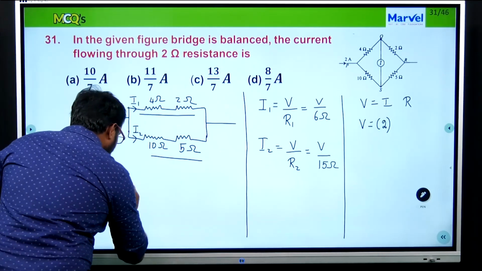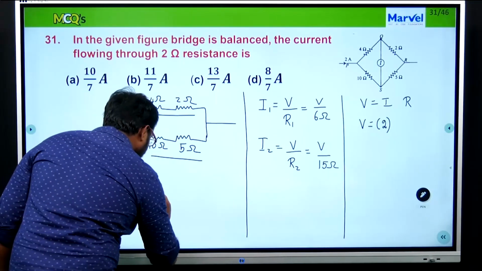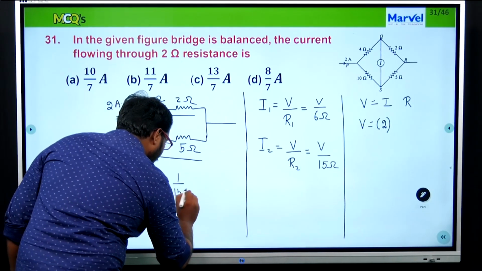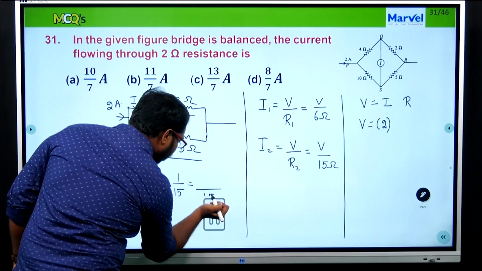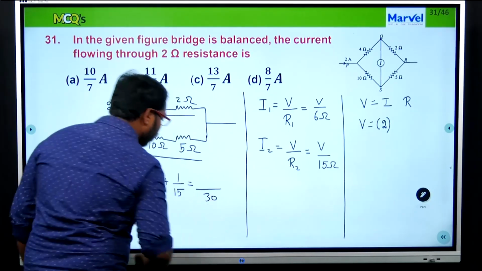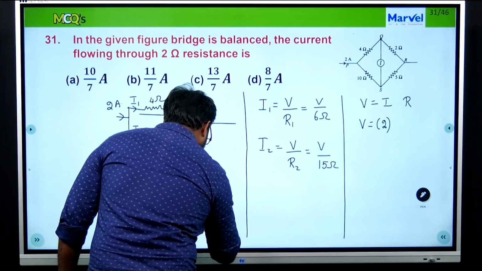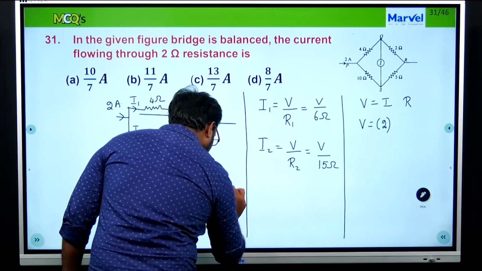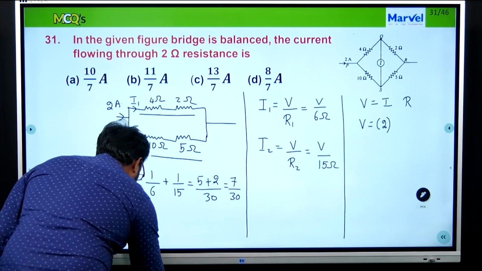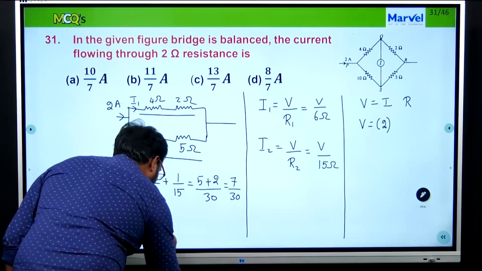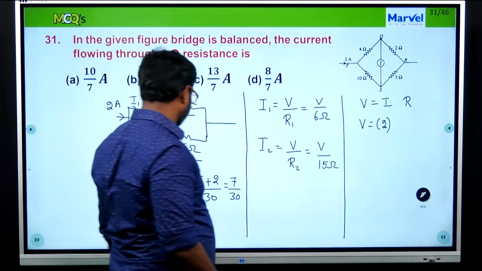So 1 by R equivalent is equal to 1 by 6 plus 1 by 15, which is equal to, what is the LCM? LCM should be 30, right? So 30 means it is 5 plus 2, 7 by 30 it is, and R equivalent is equal to 30 by 7. I will use this R equivalent into that.